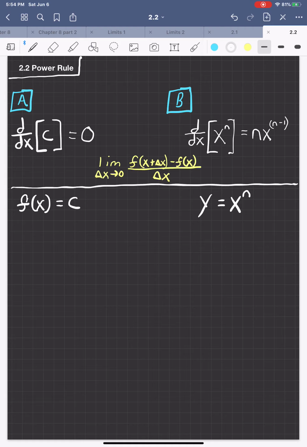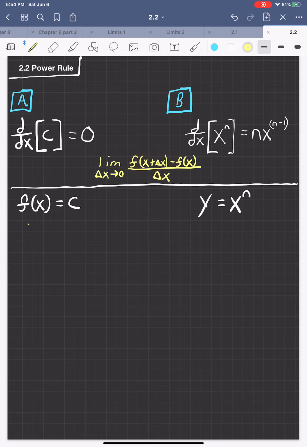So let's begin. If you were to start with the difference quotient, remember the first thing we did is plug x plus delta x in, right? We plug it in for what? Well, we plug it in for the variable x, but there is no variable, right? So f of x plus delta x is just the same as f of x, which is just the same as c.